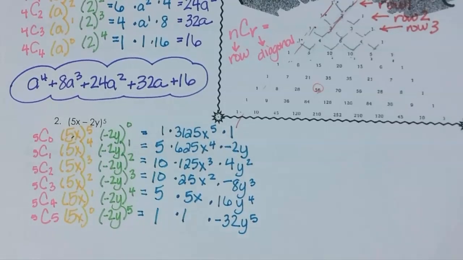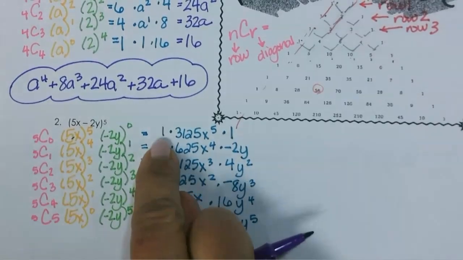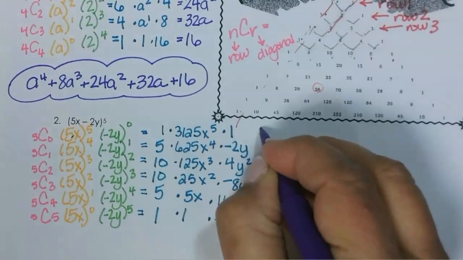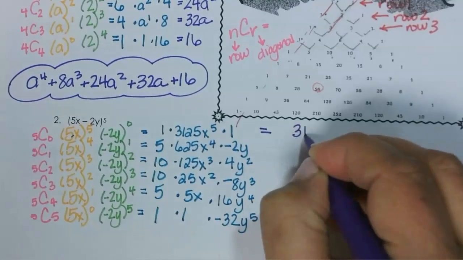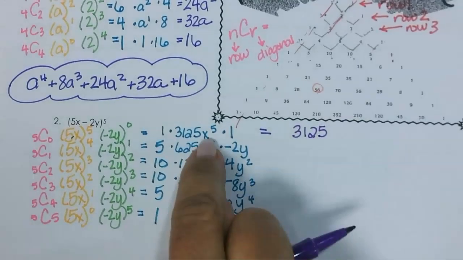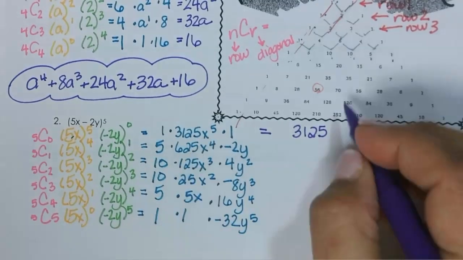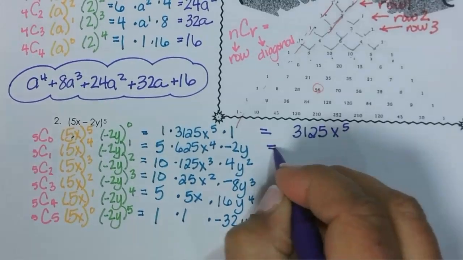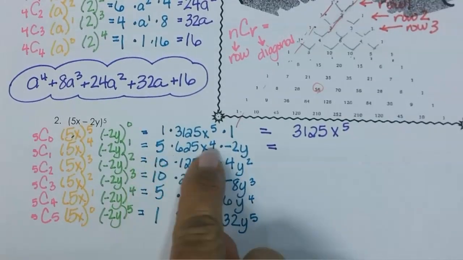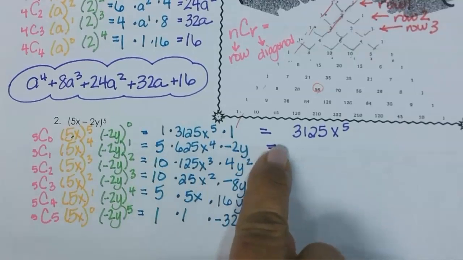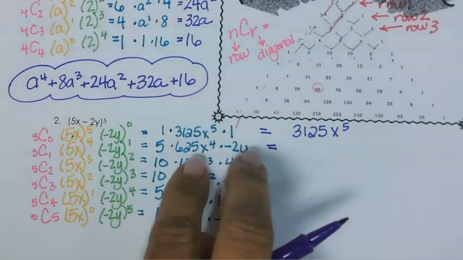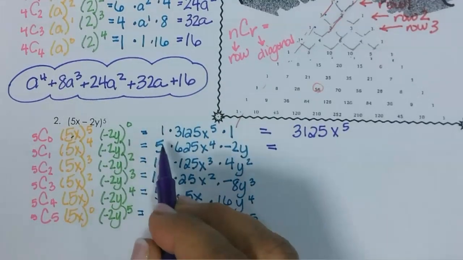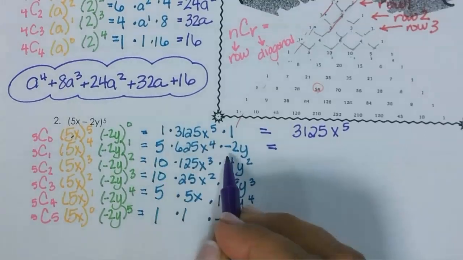So here I can multiply 1 times 3125 times 1 to get me 3,125. And then I have x to the fifth, and I don't have anything else. In the next term, I want to multiply all of the numerical pieces together. Because these are factors, we can multiply them together and change the order. So I'm going to multiply 5 times 625 times negative 2.